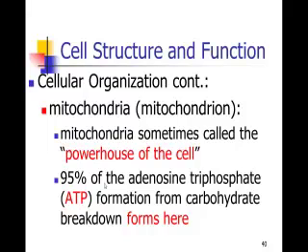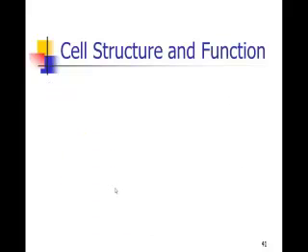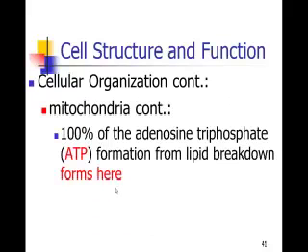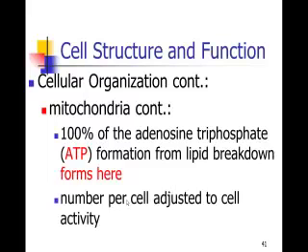The mitochondria get fed by the cells, and the mitochondria are way better at making ATP, adenosine triphosphate, than the cells are. So it's a way of increasing our efficiency, and increasing efficiency is really important. In terms of the breakdown of lipids, typically 100% of the ATP generated by metabolizing lipids occurs inside the mitochondria.